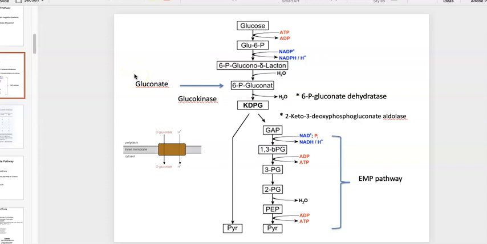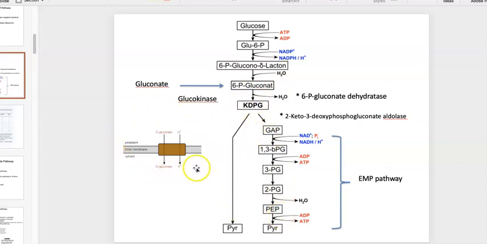So it's fairly common in the soil, and therefore soil microbes can absorb gluconate and phosphorylate it using an enzyme, gluconokinase, to 6-phosphogluconate, and then dehydrate that and then make KDPG, and then you get the 2 pyruvates.